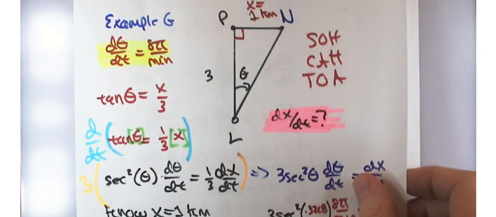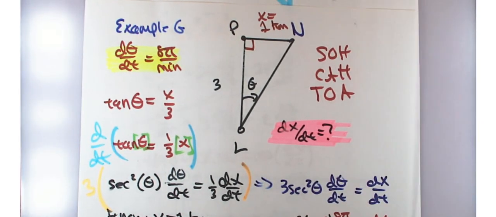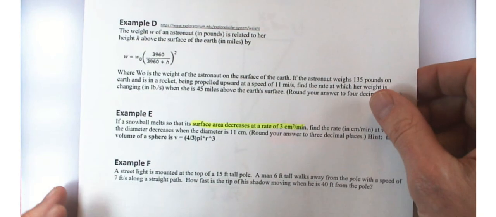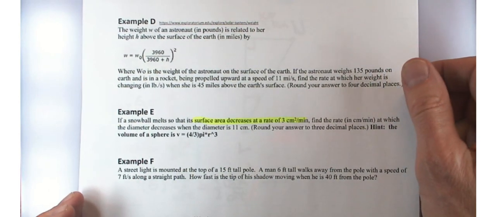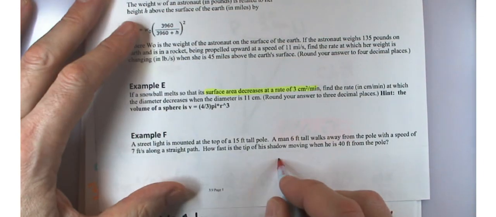All right? And I think there's another one in the notes here about walking away from a street lamp where you've got to use similar triangles. Yeah, street lamp. You've got to use similar triangles to set things up that way and use proportions. So it's something like this.